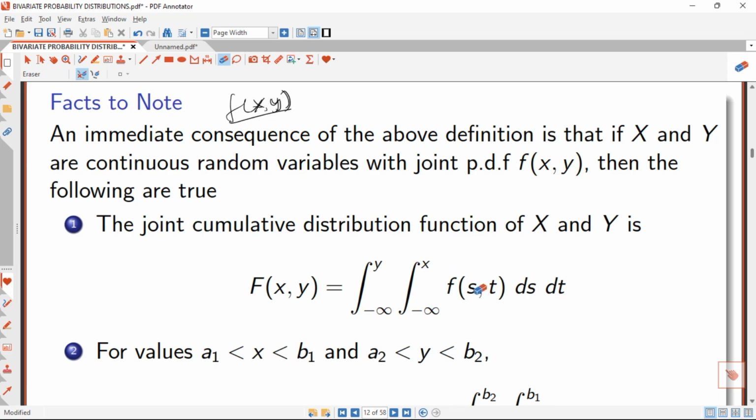We are changing the x and y to s and t here, so that when we integrate over the limits, we still get a function in terms of x and y. That's the main reason why we are changing our x and y to s and t. So first we integrate with respect to s, and the second one we integrate with respect to t. Once you are able to do this, we will have achieved the joint cumulative distribution function of x and y.